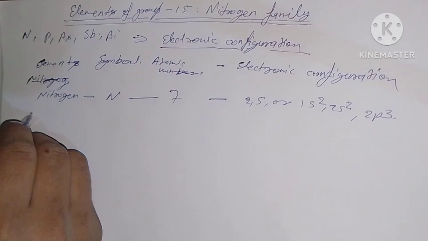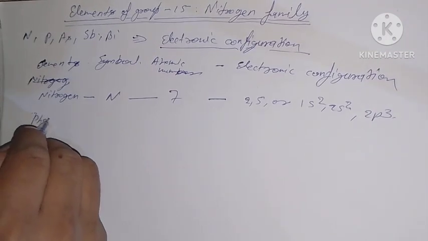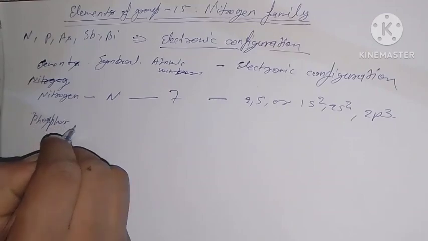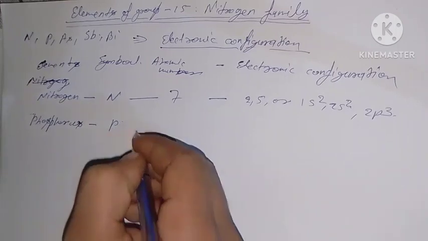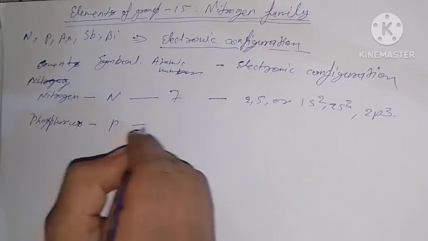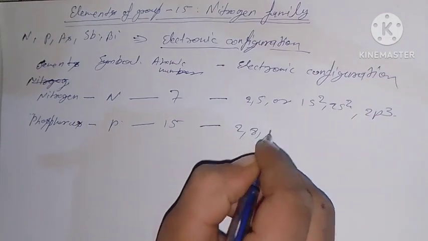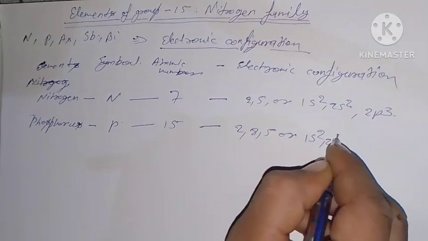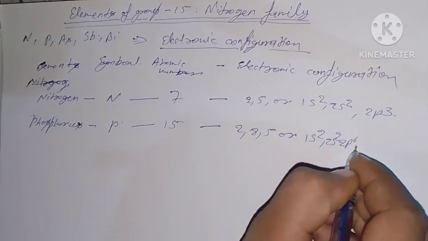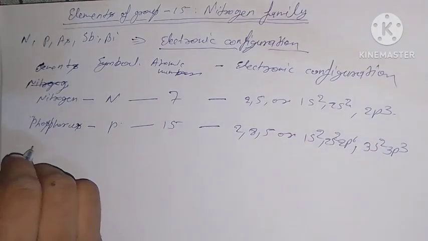Second element is phosphorus. Symbol P, atomic number 15. Electronic configuration 2, 8, 5, or 1s2, 2s2, 2p6, 3s2, 3p3.